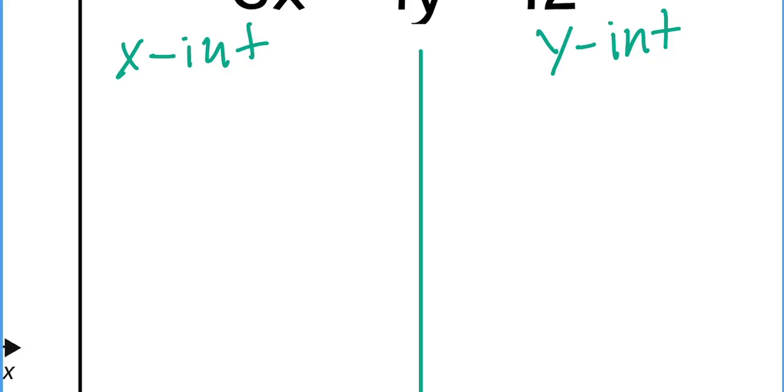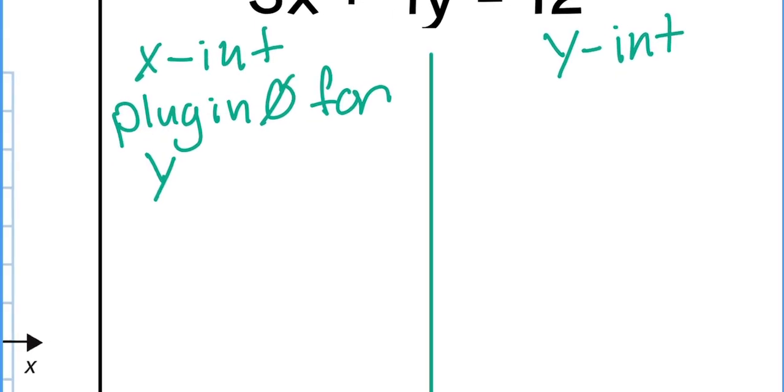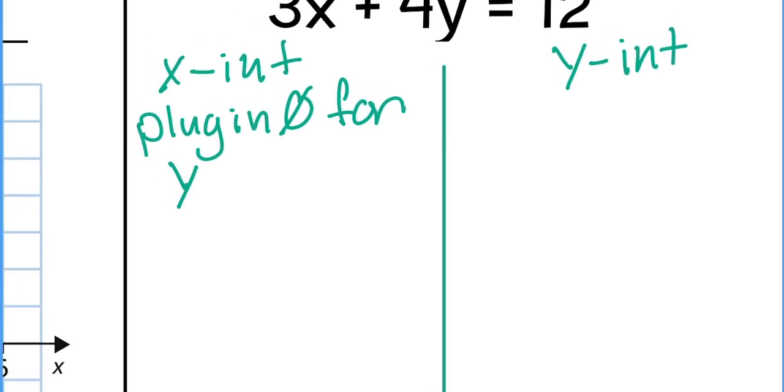So for my x-intercept, I'm going to plug in 0 for y. So I'm going to have 3x plus 4 times 0 equals 12.